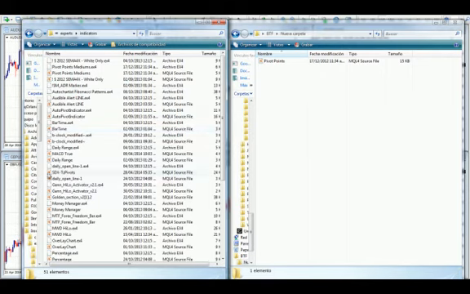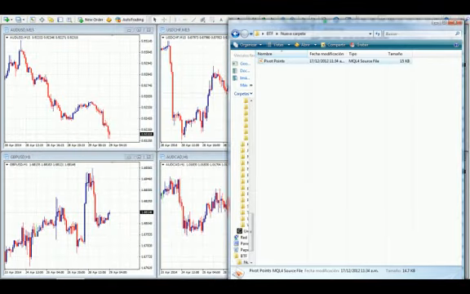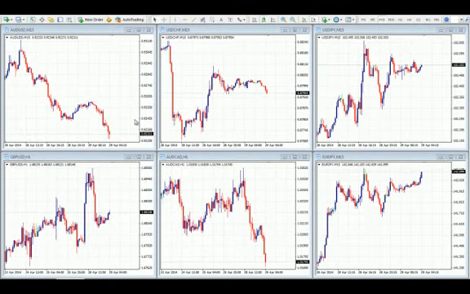Once you are in the Indicators folder, you go to your download folder where you have the pivot points indicator, and you drag it to your indicators folder on the MetaTrader 4. I already have it installed, so I'm just going to close these two windows and go to the charts.